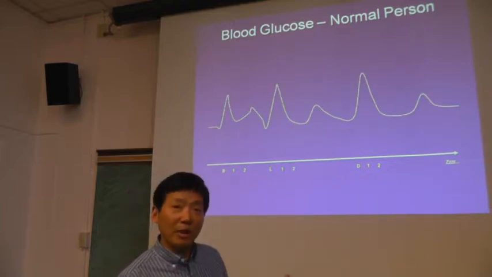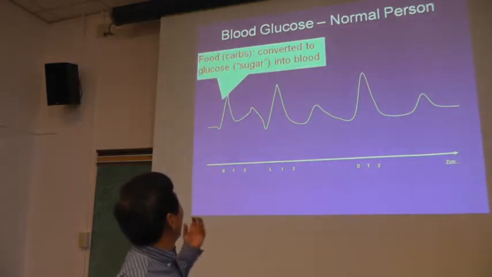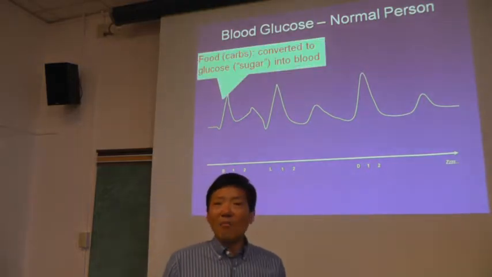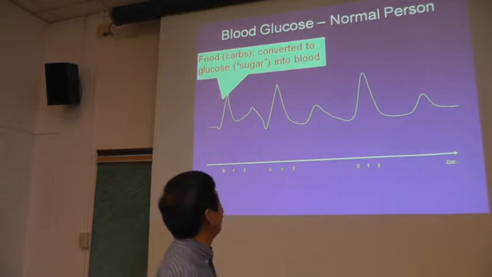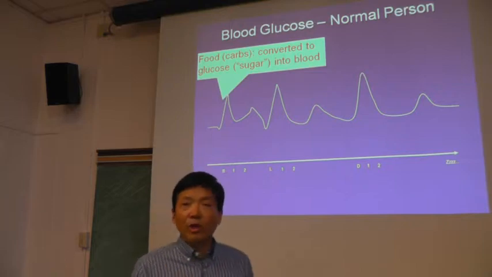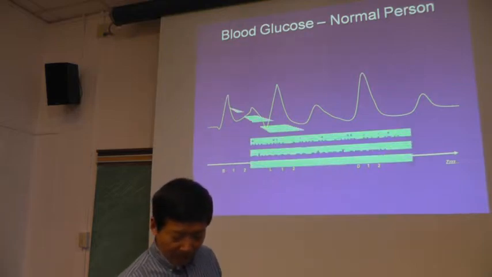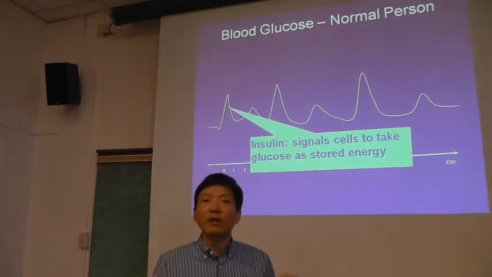It does go up and down. It depends on your food, actually. Whenever you eat food, the carbohydrate in the food will be converted into glucose or blood sugar, which will secrete into your blood, so that your blood sugar will go high. But then your pancreas will secrete something called insulin.